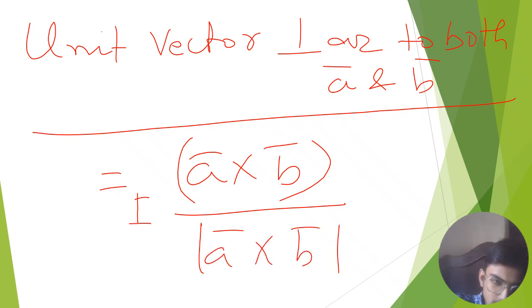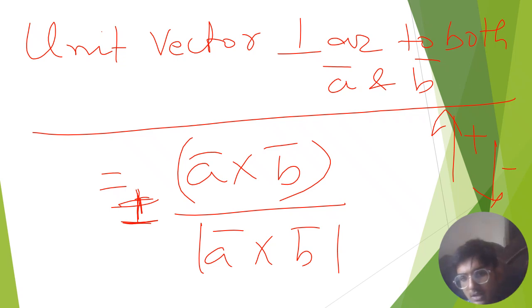This plus minus shows the direction of that particular vector. Two directions are possible. We take this direction as positive, and the other direction will automatically be negative as per the vector rules. This will be the unit vector perpendicular to A and B. But if we are required to just find the vector which is perpendicular to both A and B, then this will be the answer.